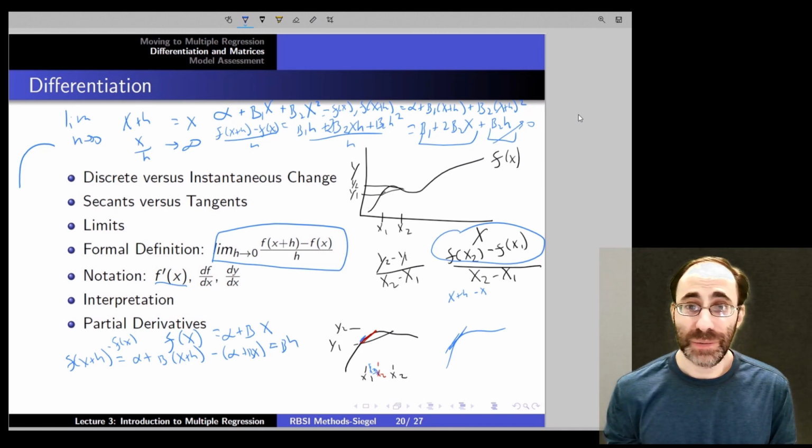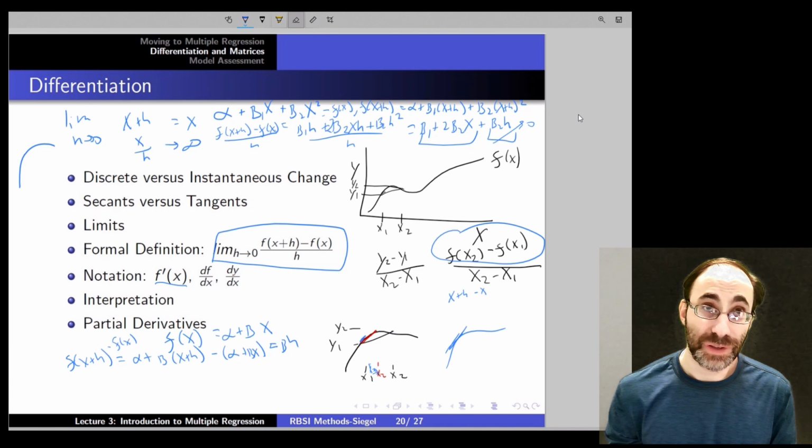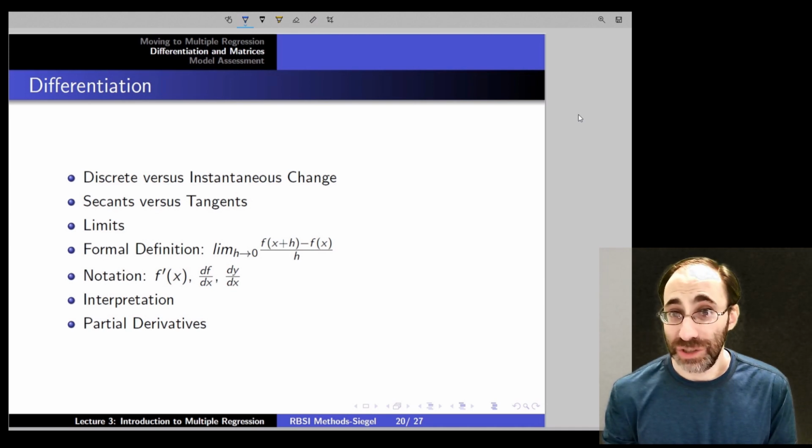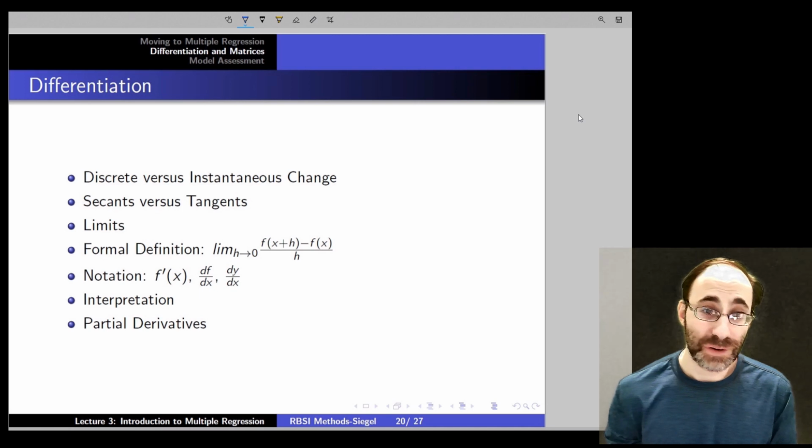Before I do the last bullet point here, which is the most relevant for the multiple regression stuff we just did, I want to first show you one more thing, which is interaction terms, because this will come up at the beginning of lecture 4.